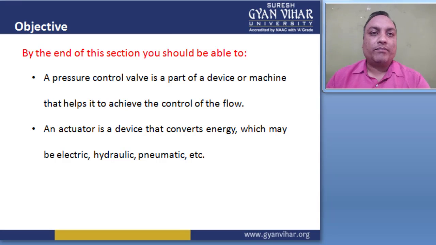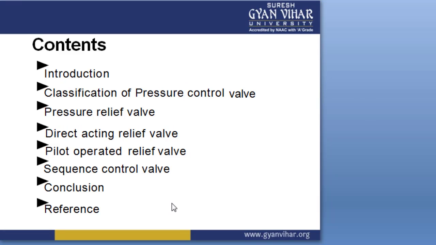In this chapter, I will discuss the operation of different types of control valves, so a student will also be able to understand the concept of different types of pressure control valves here.